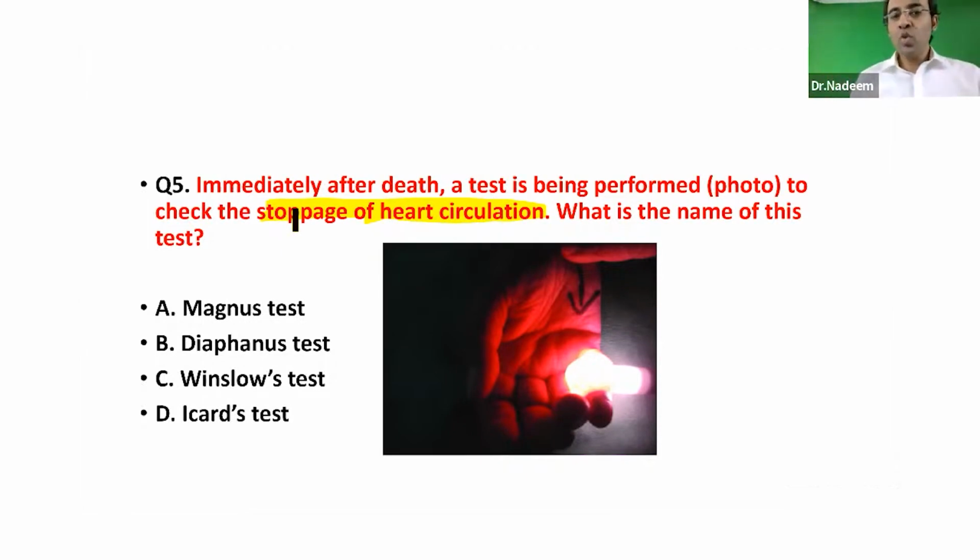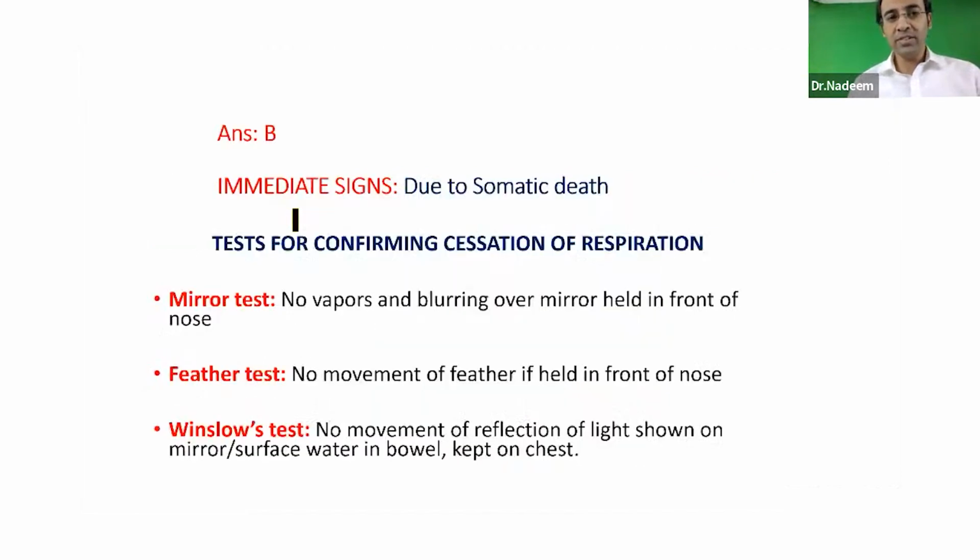So what are the investigations? First, to check stoppage of respiration, we have the mirror test, feather test, and Winslow test. You keep a mirror in front of the nose of the person.